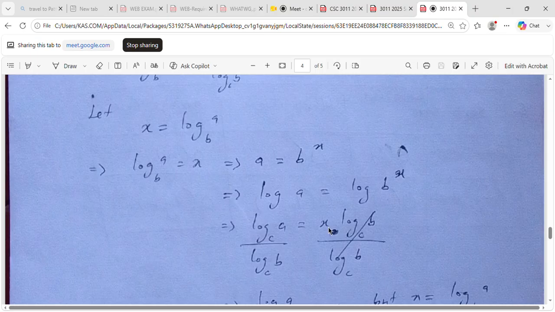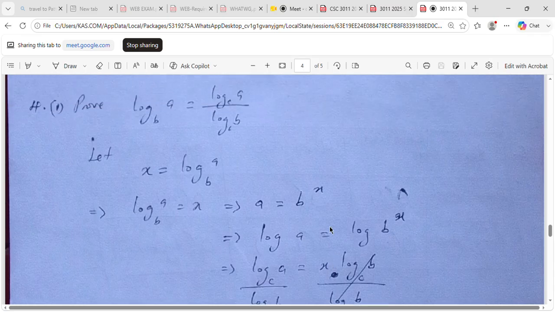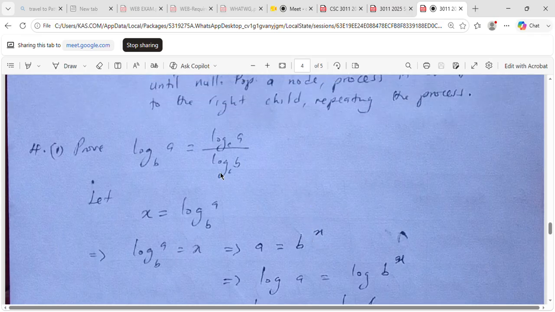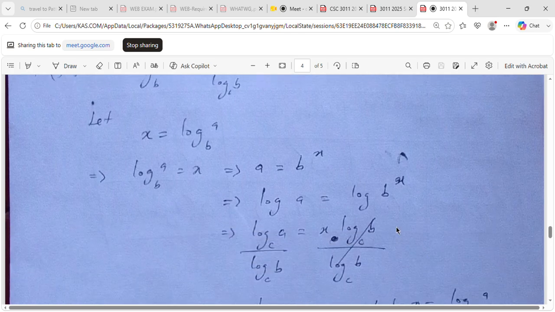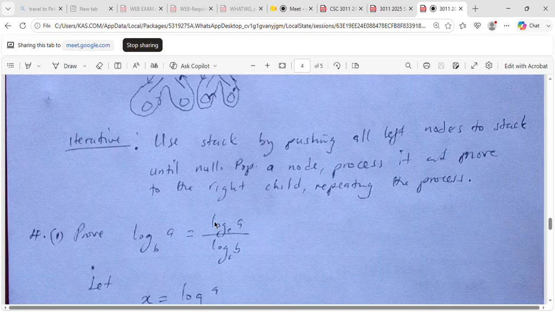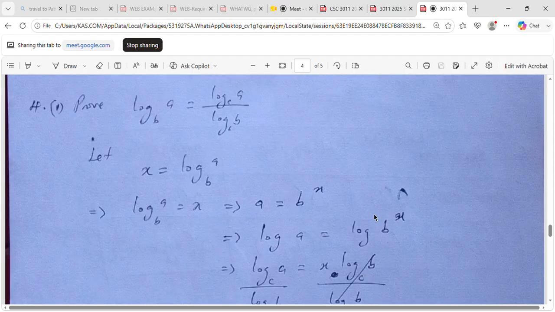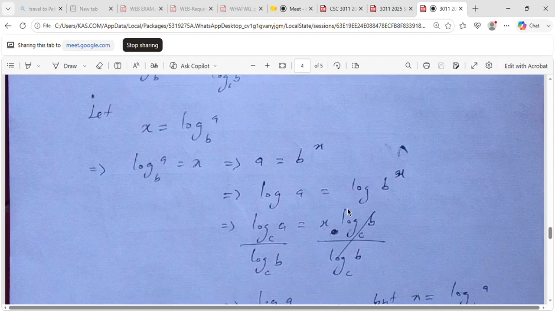Now look at the way things are written. It's log a base b. So in that regard, what you want to prove is log a. Okay, so in this regard, you divide the log.